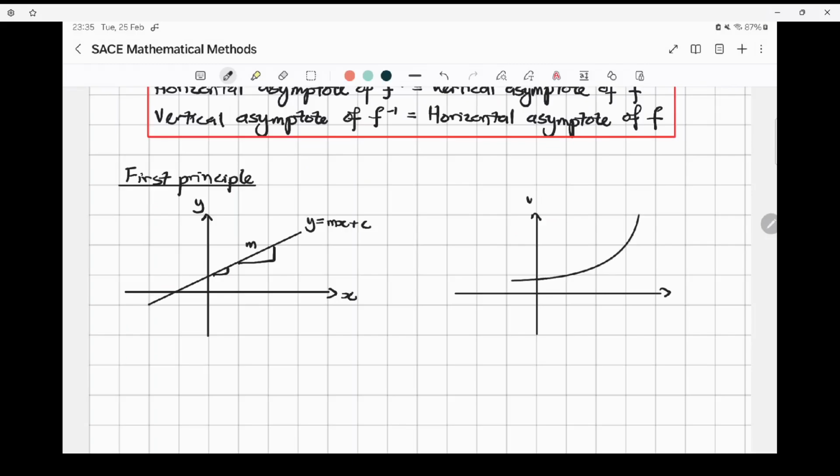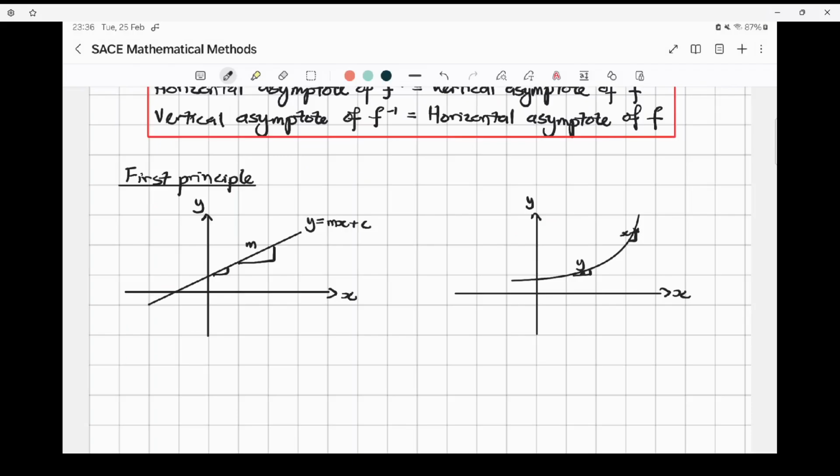When you have a curve like this, the gradient over here is definitely greater than the gradient over here. So let's say this is x, this is y, which is why we need to define differentiation. The main reason is to generalize the idea of gradient for a curve.